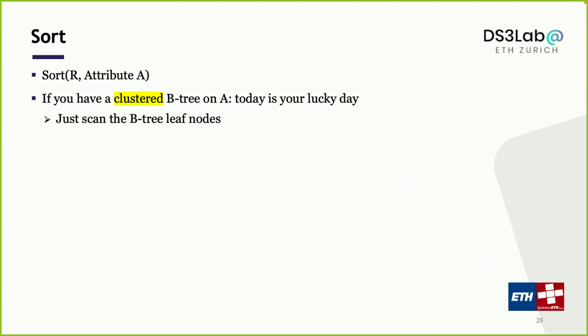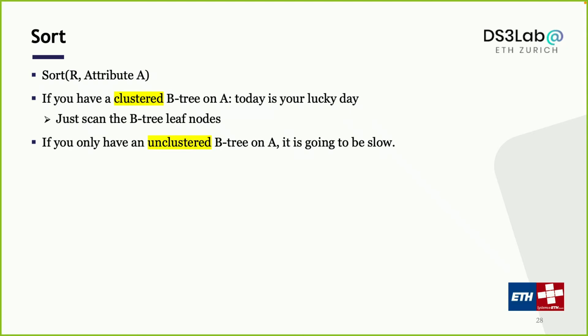If you only have, for example, an unclustered B plus tree on this attribute, it could be pretty slow. Why? I can still scan my leaf nodes from left to right, but for every single tuple, potentially I could have one random access. In the worst case, that could be pretty slow.